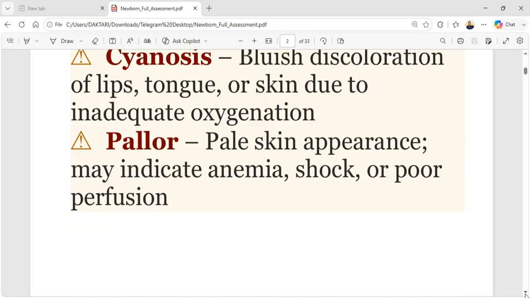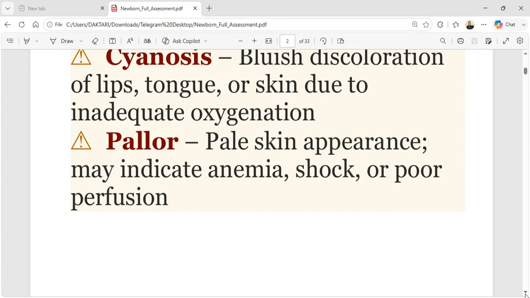Anemia is a deficit in blood, so maybe it can be hemoglobin. Hemoglobin is checked when you do a full hemogram, we check the Hbs. We normally don't expect them to fall below 10. Anything below 10 we classify as anemia. It can also be due to shock, hypovolemic shock, where maybe we have internal bleeding, or poor perfusion at large.